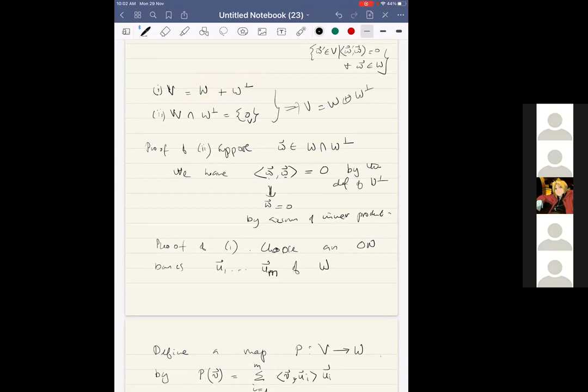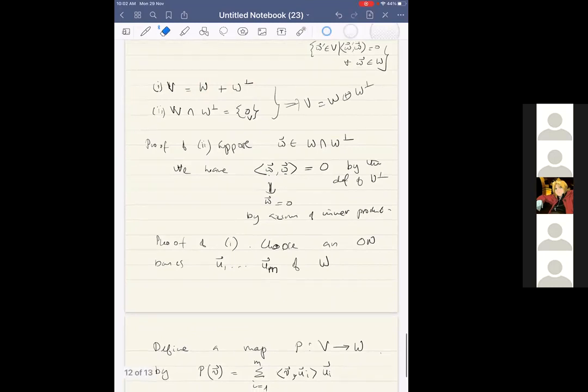We prove that the intersection of W and W perp is 0, that is this part. And then we prove that any vector in V can be written as a sum of a vector in W and a vector in W perp. Part 2 I proved here. Now I'm proving part 1.